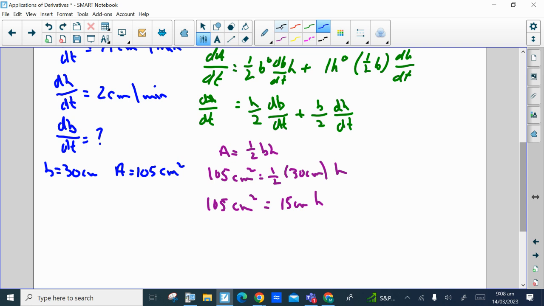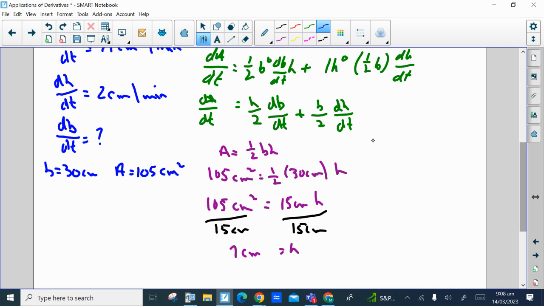And if you divide both sides by 15 centimeters, we'll have h, the height. And 105 divided by 15 is 7, and centimeters squared divided by centimeters is centimeters. So now we have everything that we need.